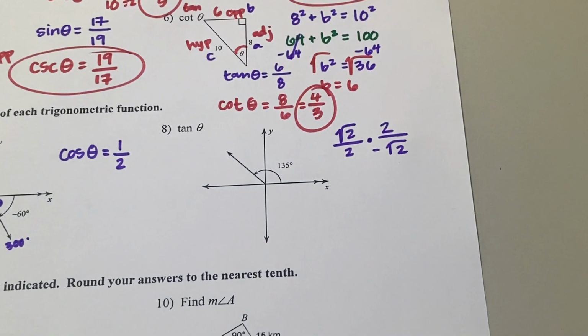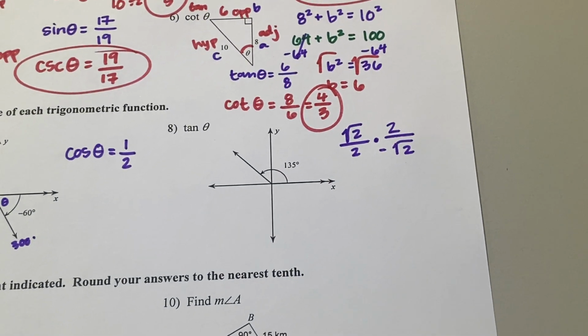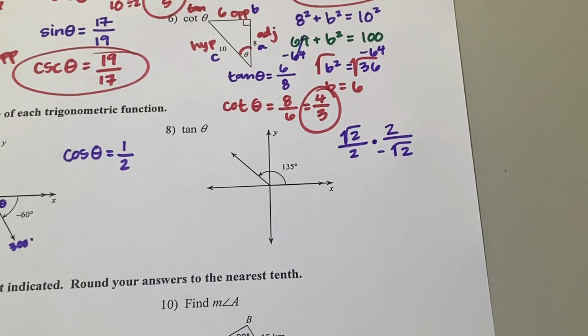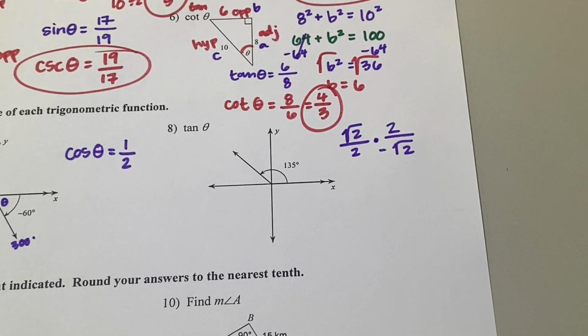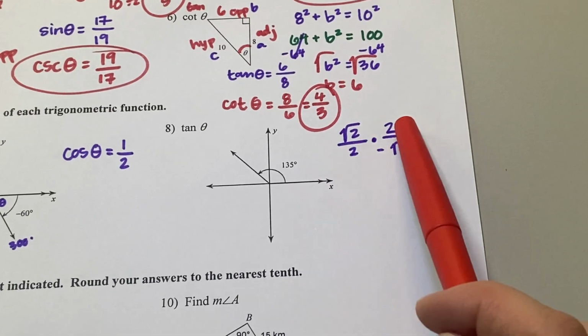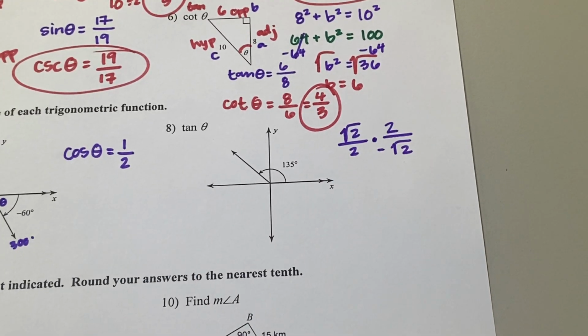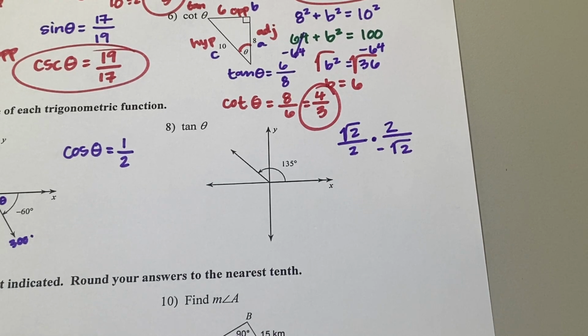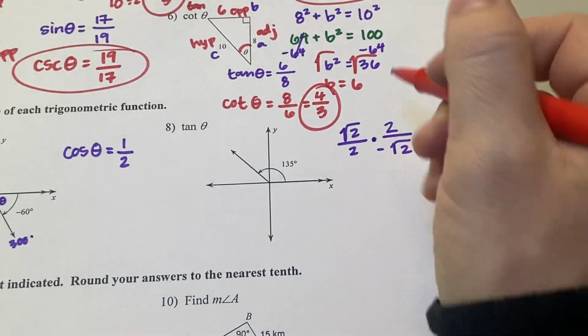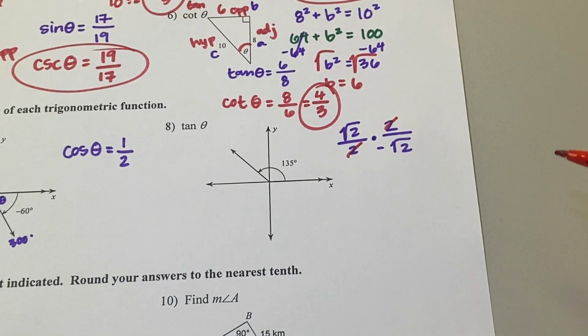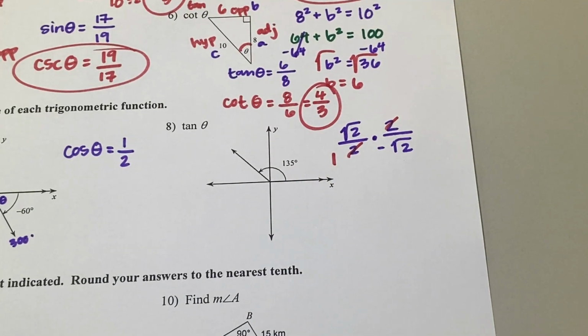We just took those two coordinate points, the sine and the cosine, and we're dividing them, which really means we're multiplying by the reciprocal. You guys, what is that really awesome rule in math where if it's the same thing on top and bottom, what does it turn into? It turns into a 1, right? 2 divided by 2 is 1.